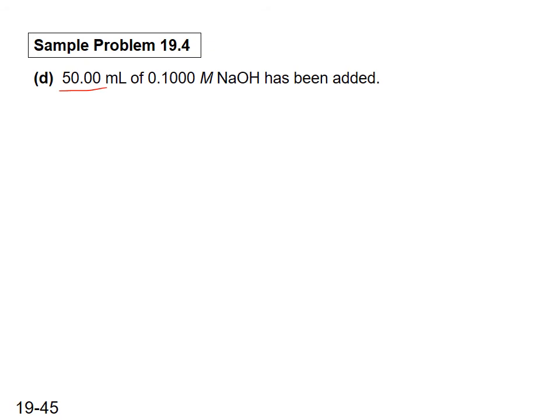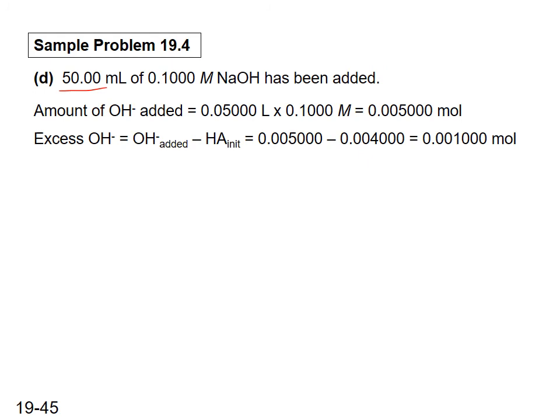First we calculate the added sodium hydroxide: the number of moles of hydroxide equals the volume times molarity. Then we subtract the initial number of moles of acid. That gives you 0.001 moles, the excess moles of hydroxide in the solution.